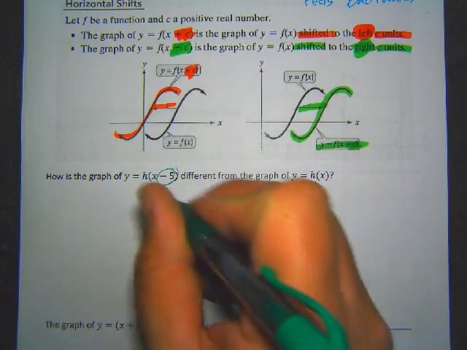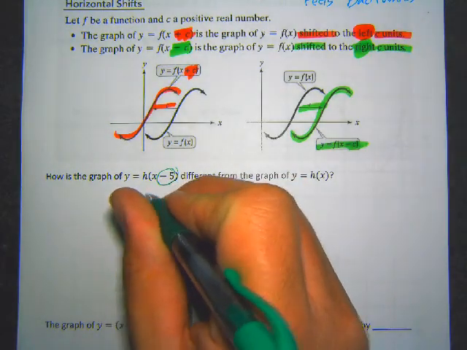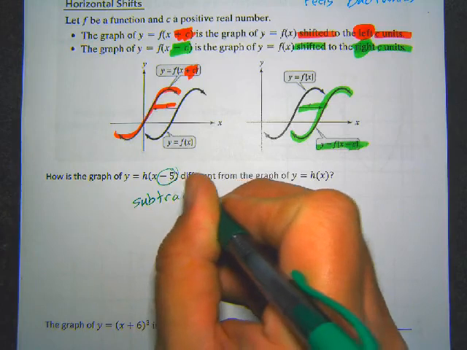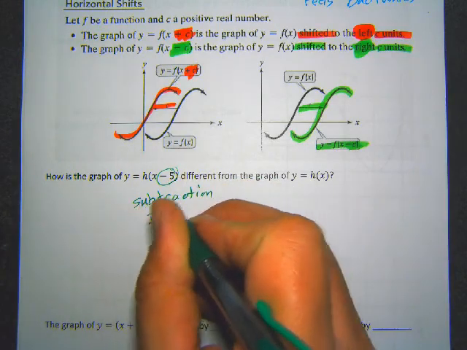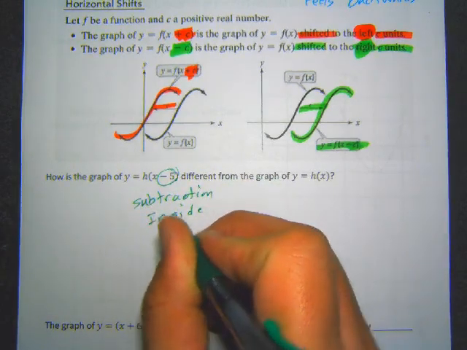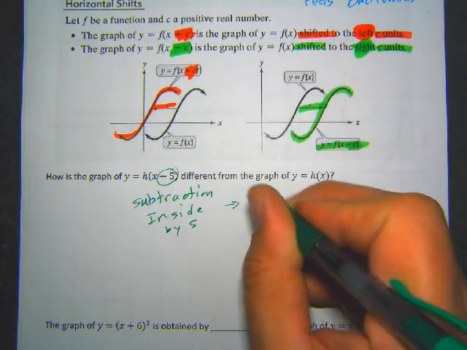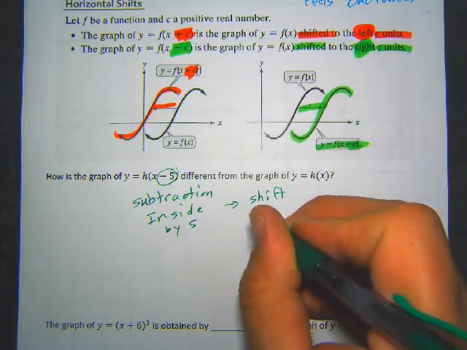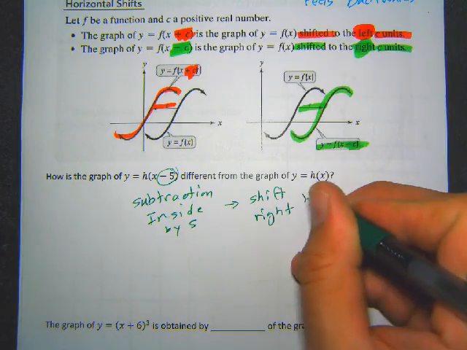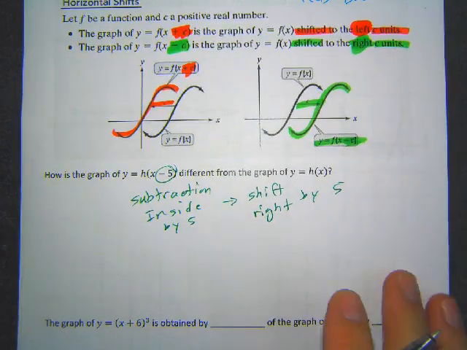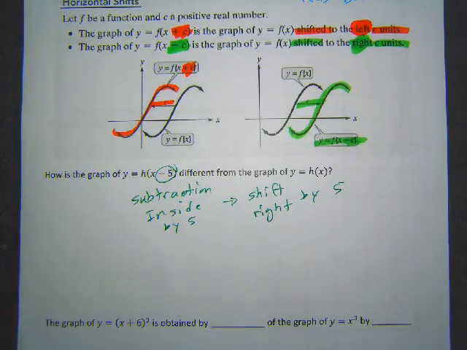So this is a subtraction inside the function by 5. So it's going to shift it right by 5. So whatever function it was, it's going to take the whole thing and move the whole function over to the right.